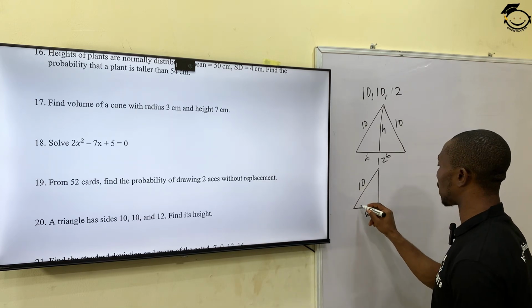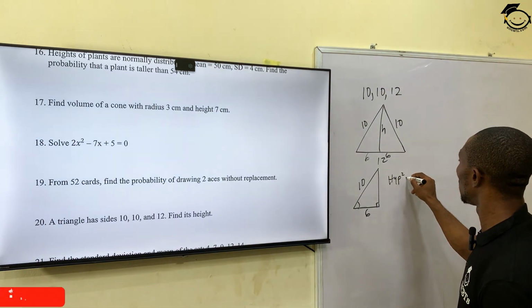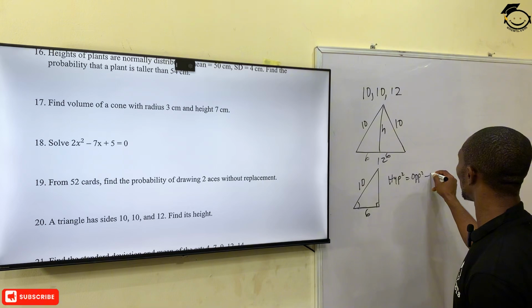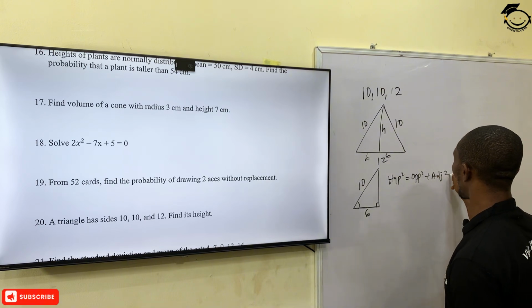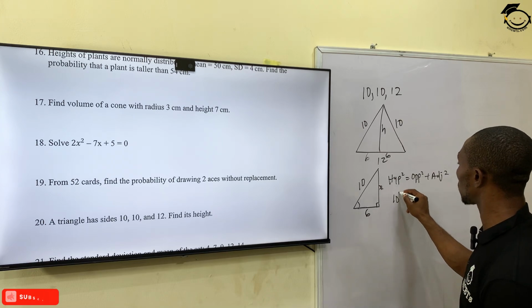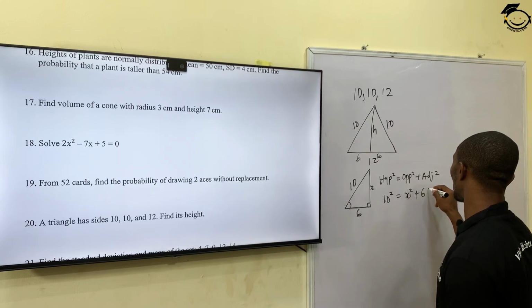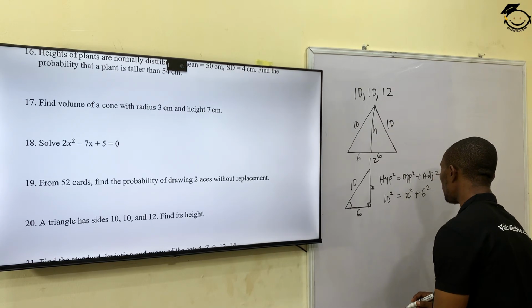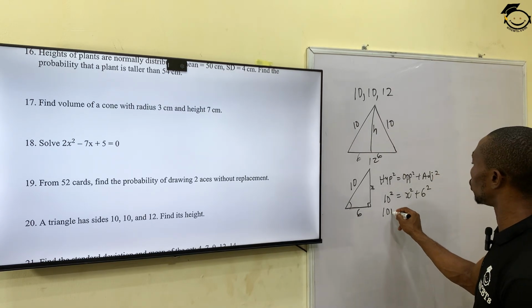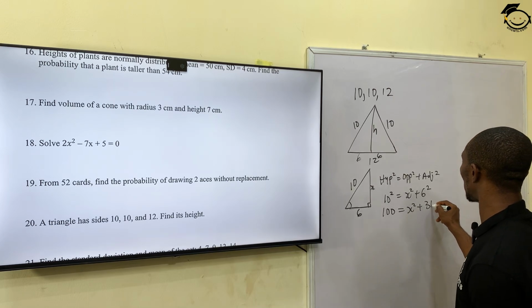And we know, applying Pythagoras theorem here, hypotenuse squared equals opposite squared plus adjacent squared. Now in this case, we are looking for the opposite. So 10 squared equals x squared plus 6 squared. Now 10 squared is 100 equals x squared plus 6 squared, which is 36.